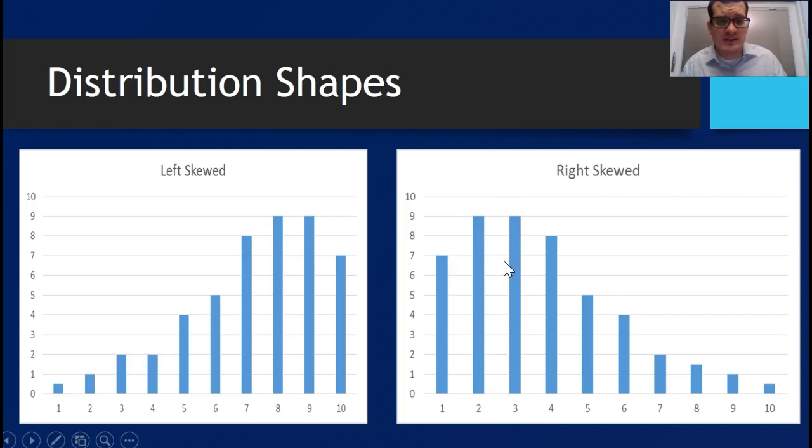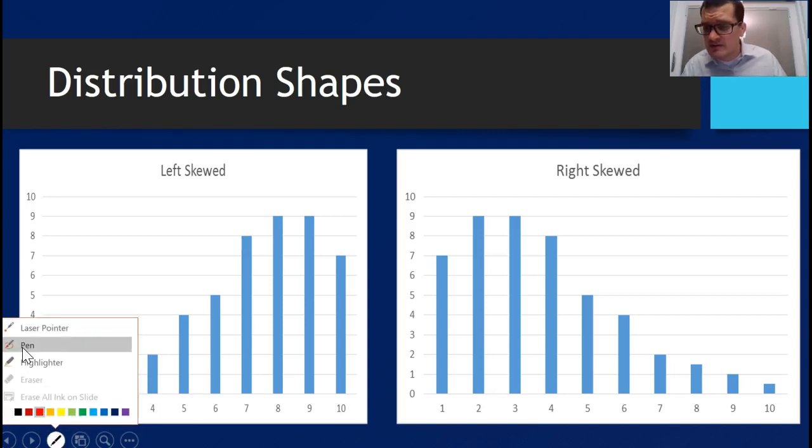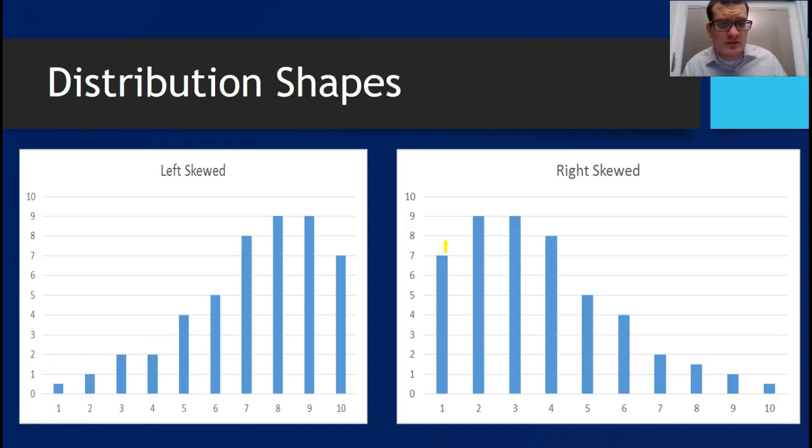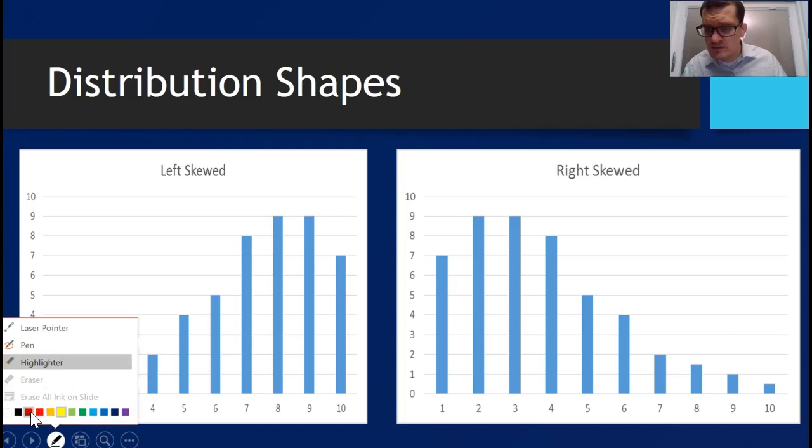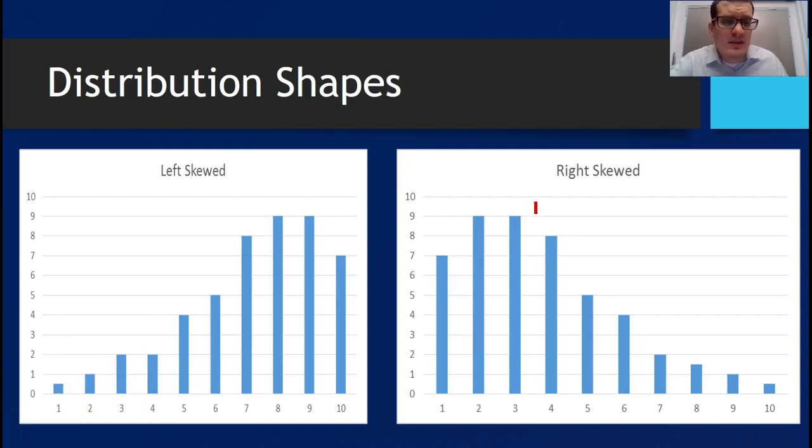So if we look at a couple of just basic examples here, right skewed data looks like there's a lot of data over here and then there's a tail on the right. And what would happen if you were actually following along on this is you would find out that the median might fall like right here, somewhere in that range, but the average would get pulled towards the right.